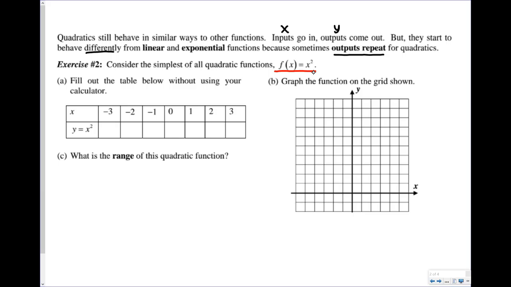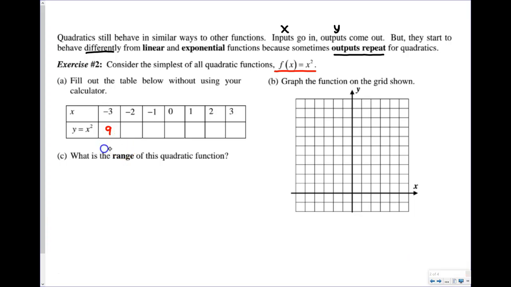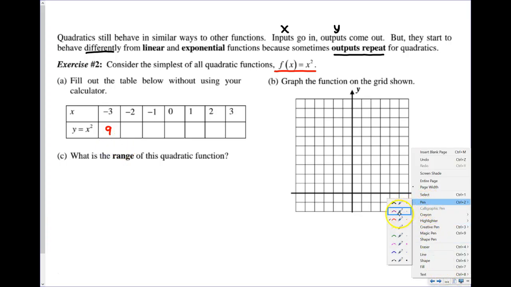So A says, fill out the table below without using your calculator. So x is negative 3. This first one would be y equals negative 3 squared. What is negative 3 squared? That's 9. Okay, let me see if I can figure out a better way to put the space here. Okay, so let's get my pen.